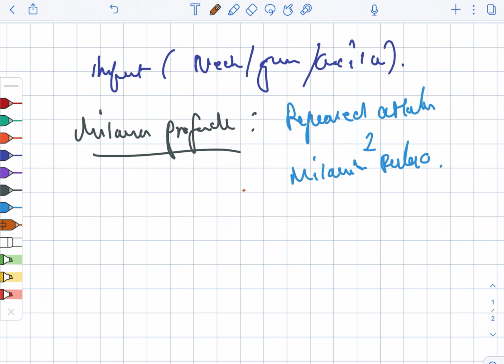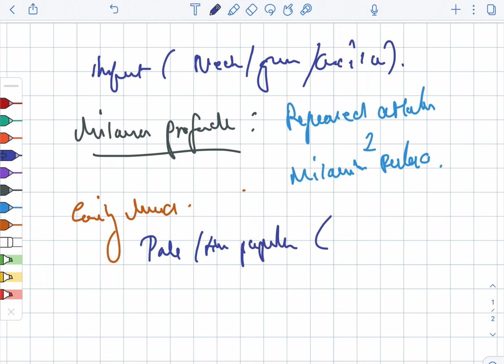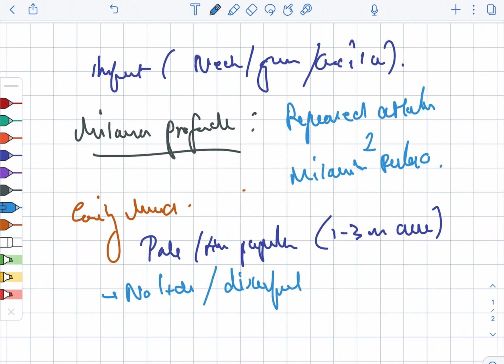The lesions are easily missed, and the affected skin is covered with pale firm papules, about 1 to 3 mm across, especially on the body, but sometimes also on the limbs, and there is no itch or discomfort from these lesions.